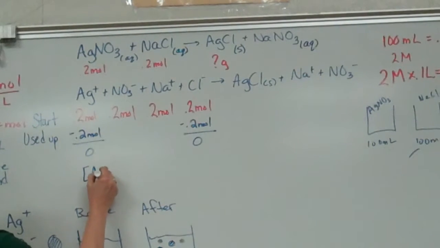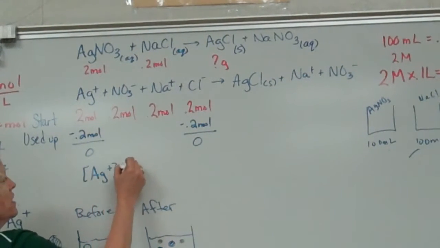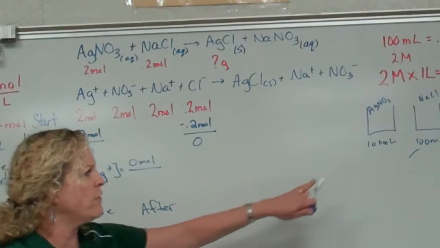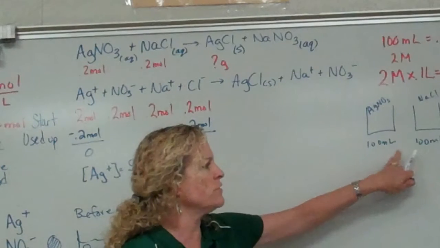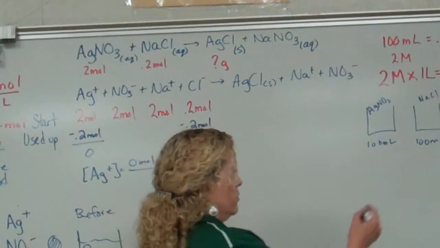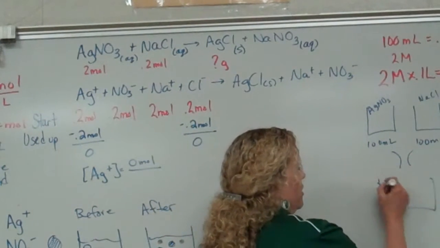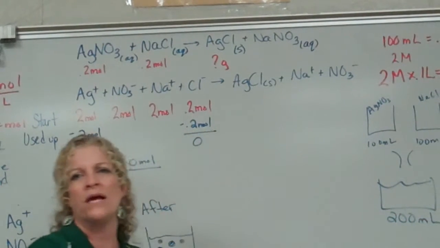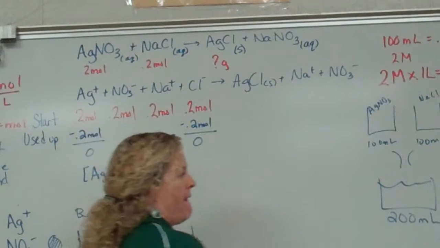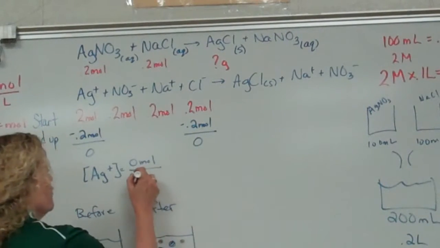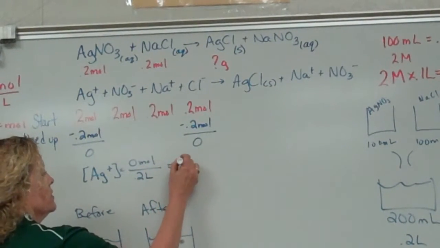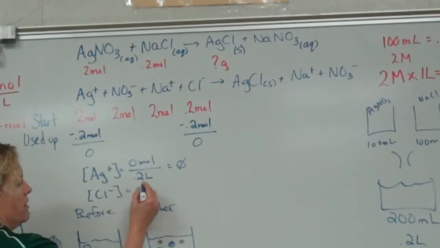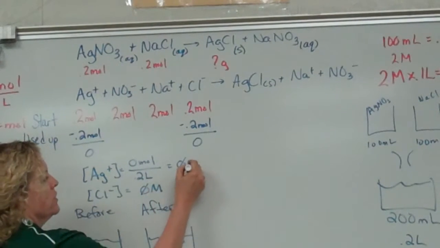So the silver ion concentration is 0 moles over the total volume. If you have 100 mils and 100 mils added together, those add together and they're 200 milliliters. And what is 200 milliliters expressed as liters? 0.2. So what's 0 divided by 0.2 liters? 0. That's easy. And our chloride is the same thing. We can just put 0 molar to cut to the chase.